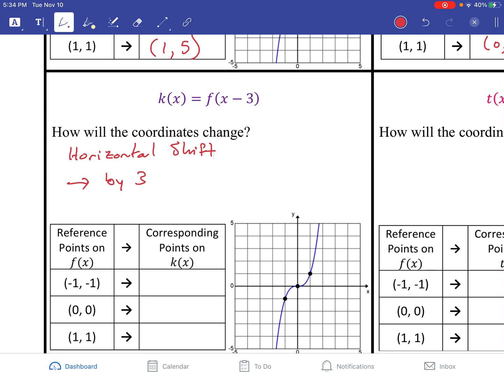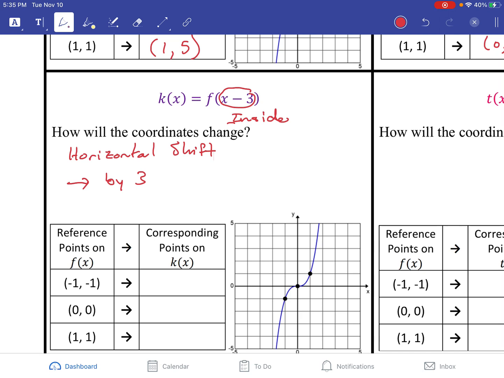This is going to change the x terms of your points, and it's going to change the graph to move left and right. In this case, particularly, it's right because it's a -3 inside the parentheses. So this is an inside function. So it's an inside change. If we look at the x values, we're going to add 3 to each one of the x values.